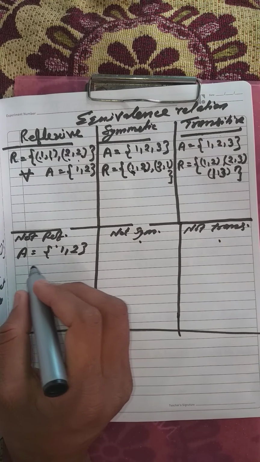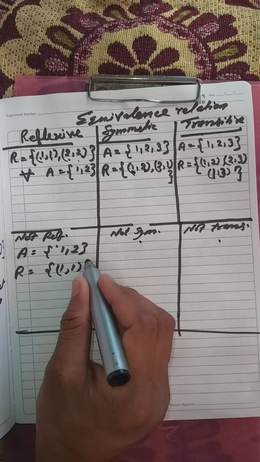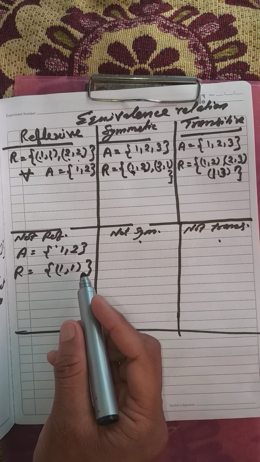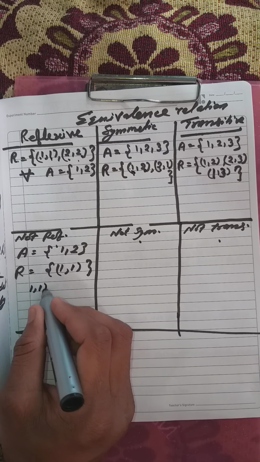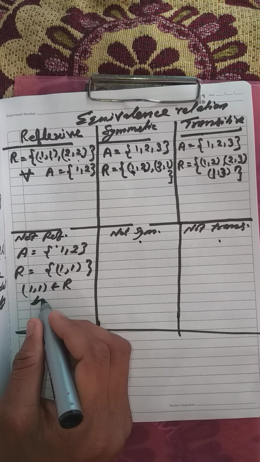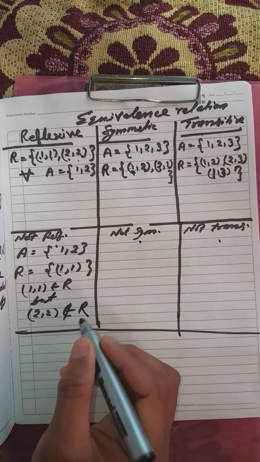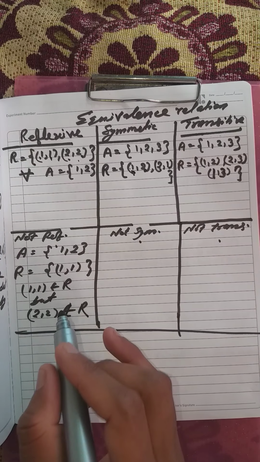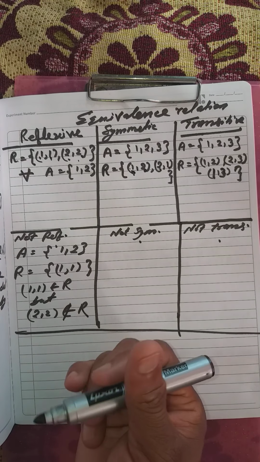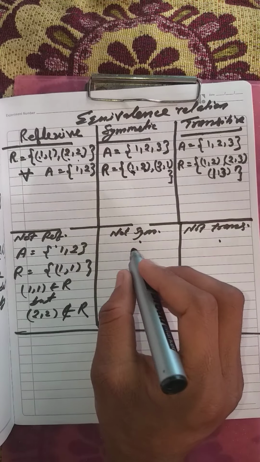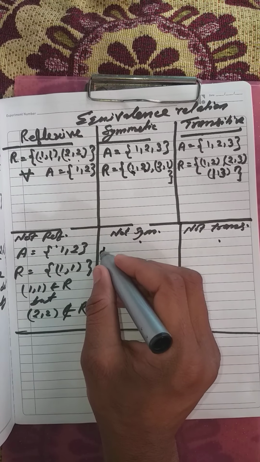If relation R has (1, 1), this is not reflexive since (1, 1) belongs to R, but (2, 2) doesn't belong to R. So such a type of relation is not a reflexive relation.